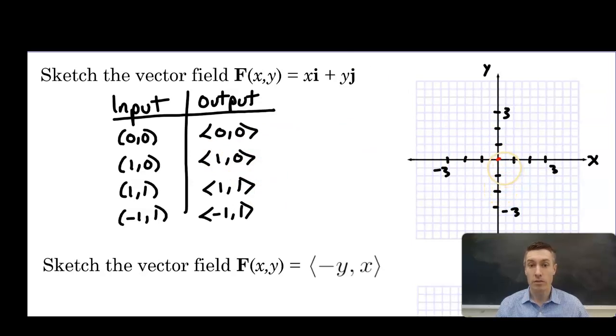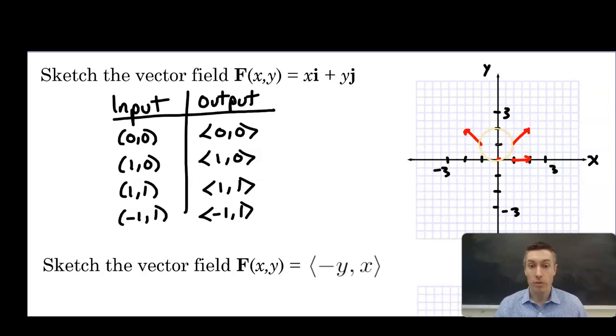No vector, right? There's no direction there. 1, 0, so we start at that point, then we draw the vector 1, 0 from that point. We go to 1, 1, we draw the vector 1, 1 from that point. Go to negative 1, 1, draw the vector negative 1, 1 from that point.